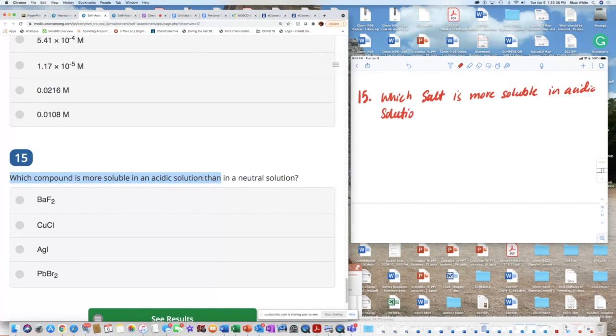So what I want to do here, y'all, is talk about, before we even look at the compounds, what exactly we're comparing: acidic versus neutral. Neutral is not the one we're examining here. There is something being added to the equation, so to say, by the acidic environment.